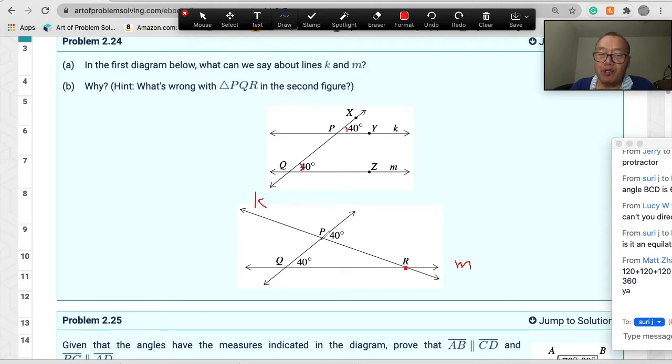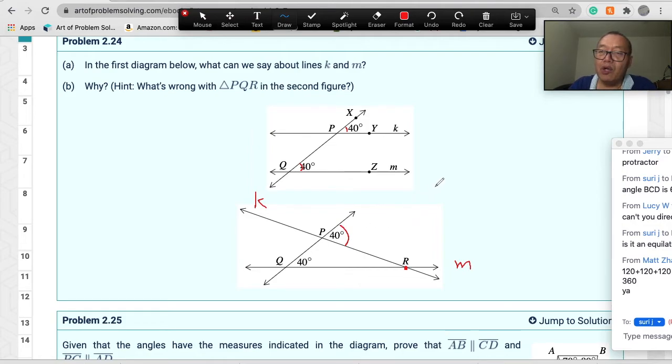They will form a triangle PQR. Now this angle is an exterior angle of triangle PQR at vertex P.